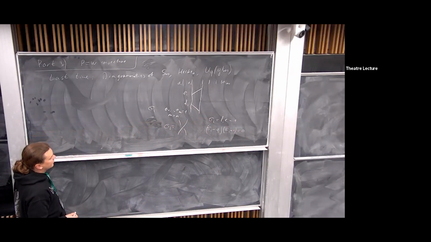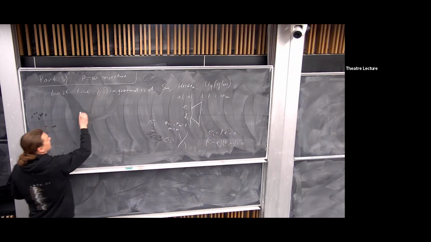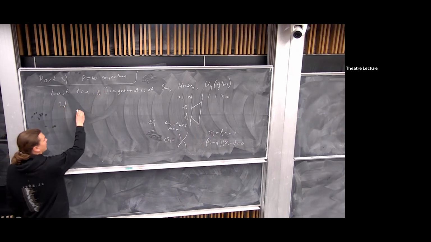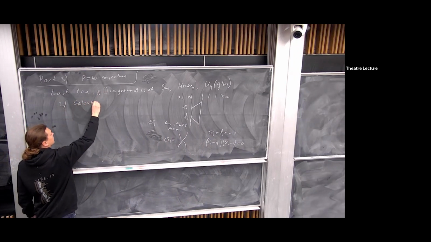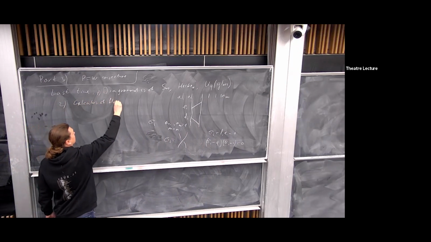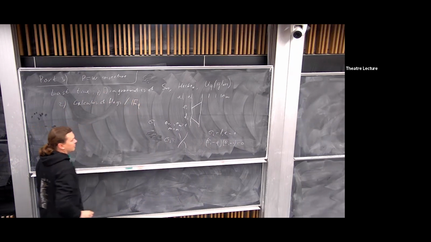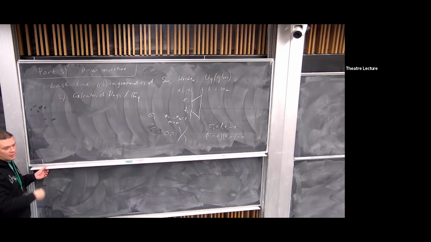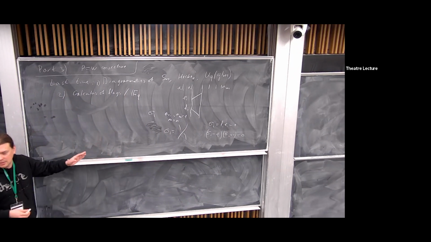And then the second part was, I explained that there is a calculus of flags over the finite field, which gives all these maps a natural interpretation, satisfying all the necessary relations.